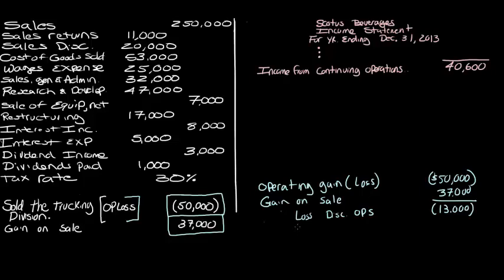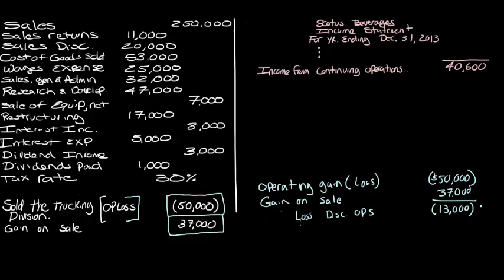What that means is if we're pulling all the revenues and all the expenses out of the regular income statement that comes down to income from continuing operations, we also want to pull out the income taxes associated with that. Well, if we had a loss on this, a loss is kind of like an expense. This is actually going to give us a tax benefit. We can actually deduct this loss on our tax return.